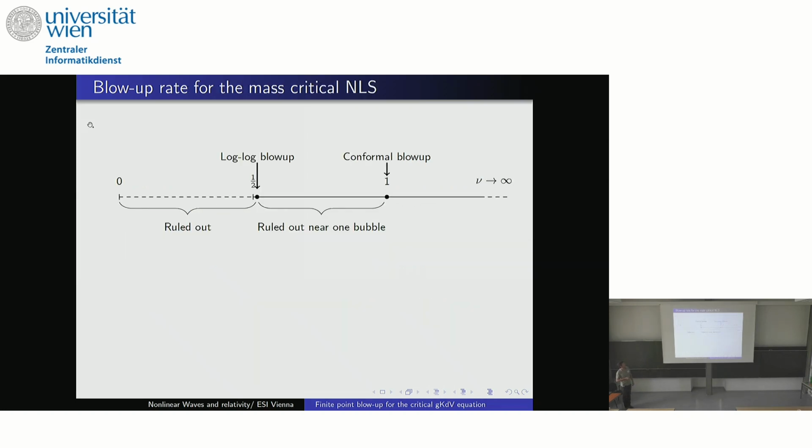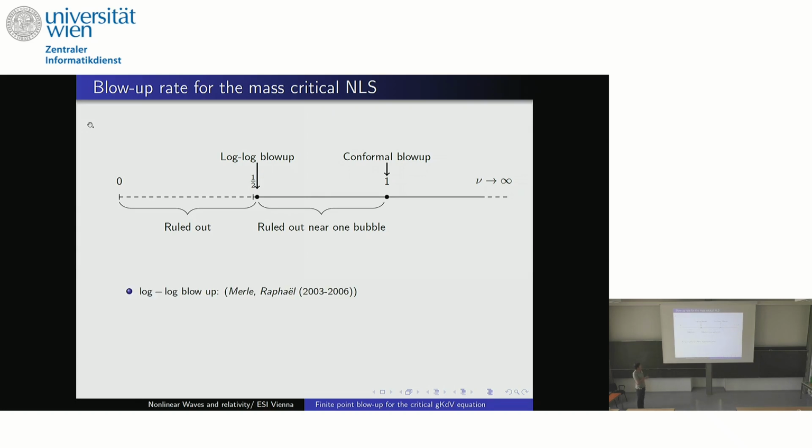If you want, we can have a comparison with the 1D critical NLS. In this case, self-similar is 1/2, and then there is a log-log correction. This is the result of Merle-Raphael, and this is open in H1.